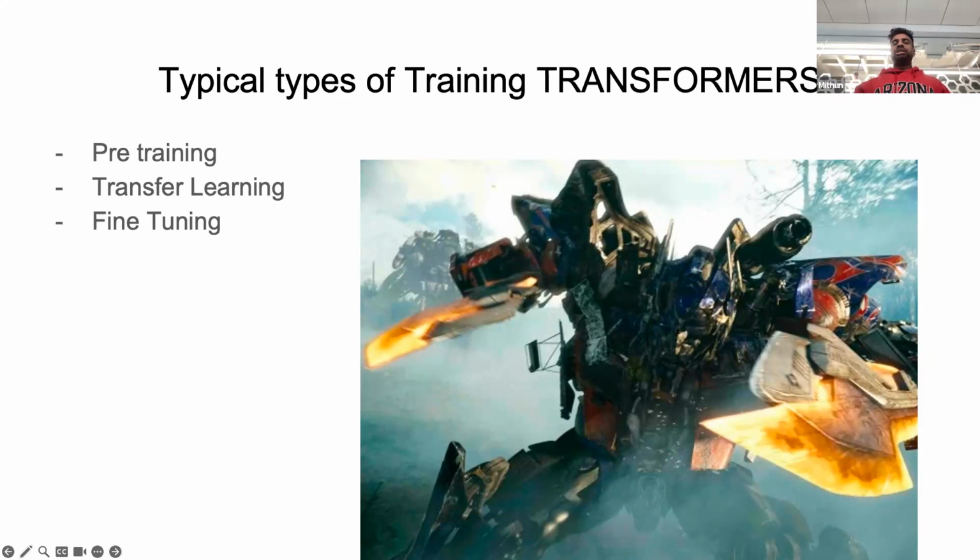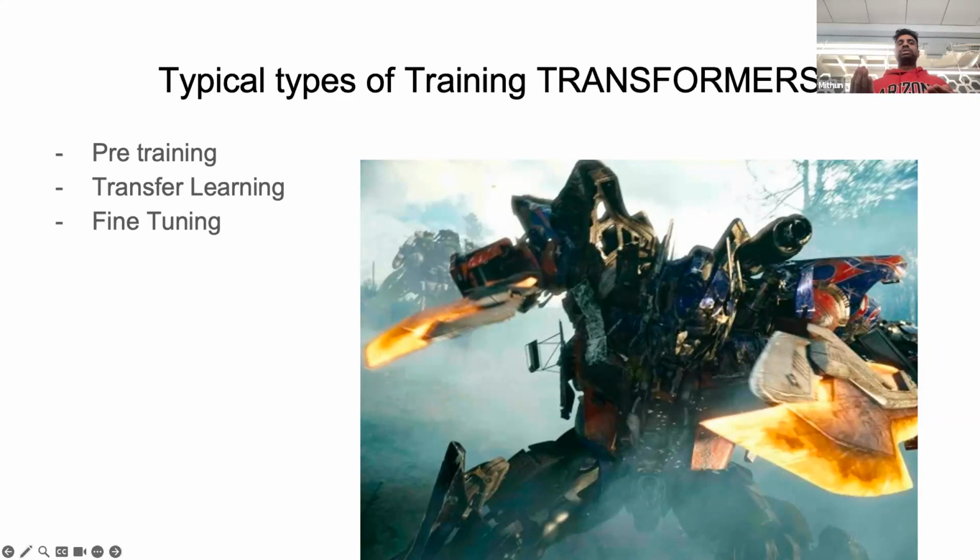Before GPT, big and huge was a data set with 100,000 sentences. After GPT, pre-training means training it on everything under the sun, or assuming the internet is under the sun, everything on the internet.